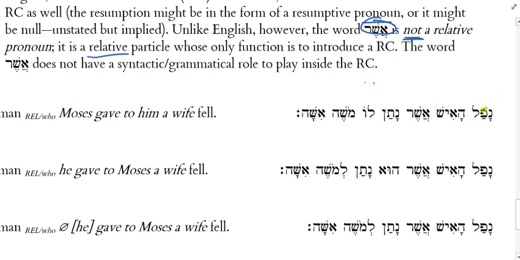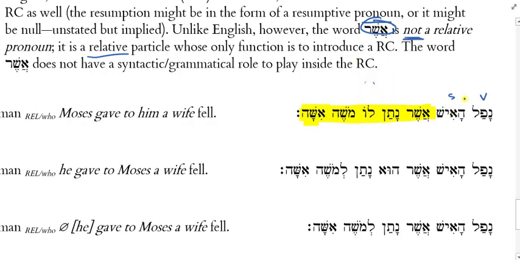Nafal ha'ish. What does nafal mean? To fall. That's the verb. Ha'ish is the subject. The man fell. And then notice here I have an asher clause. What do asher clauses do? Yeah, ashers introduce the relative clause, and the relative clause modifies what?